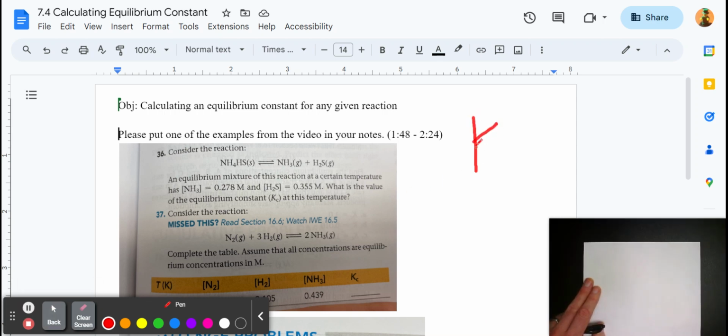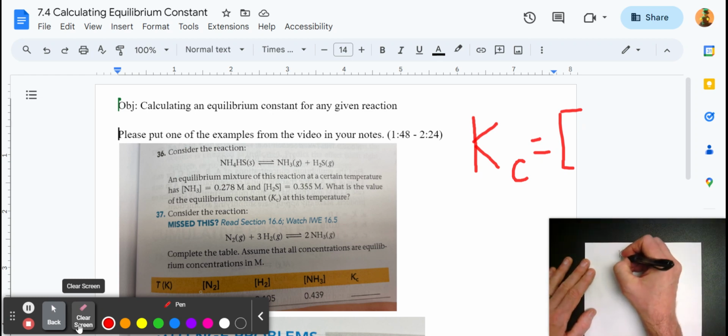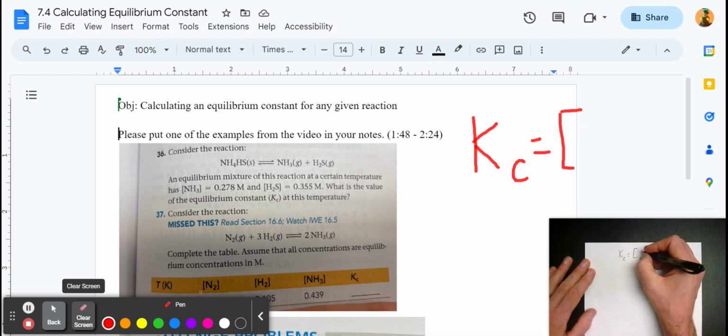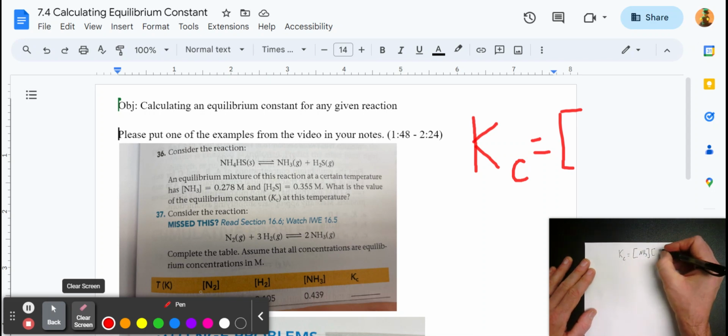So my Kc is equal to this times this, and they don't have a subscript, but a coefficient. So Kc is the concentration of NH3 times the concentration of H2S. That's my expression.